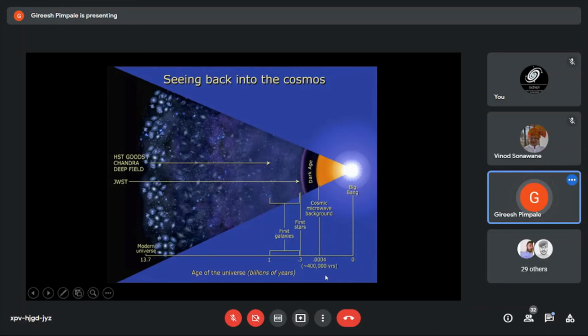Naturally, you can understand that James Webb Telescope is going further deep into the past of the universe. It is going deep in space, and therefore scientists are looking forward to the operation of JWST and the data which it will send to the Earth.